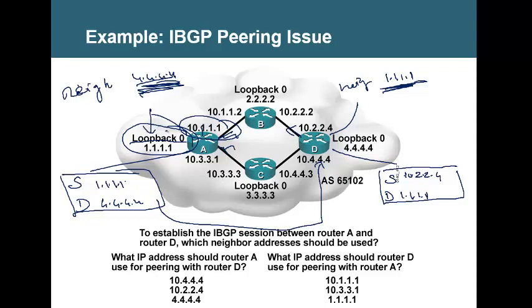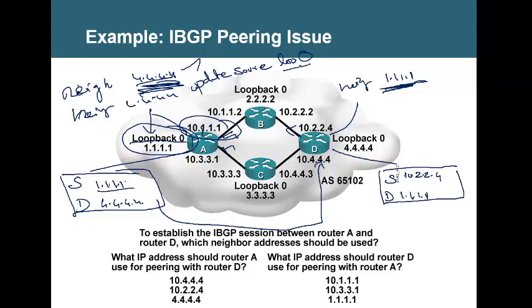There is a command called update source. Whenever you speak to 4.4.4.4, use the update source, meaning send all the update sourcing using the loopback address, loopback 0. When you say this, the source address will not be the exit interface address, it will be the loopback interface IP address.